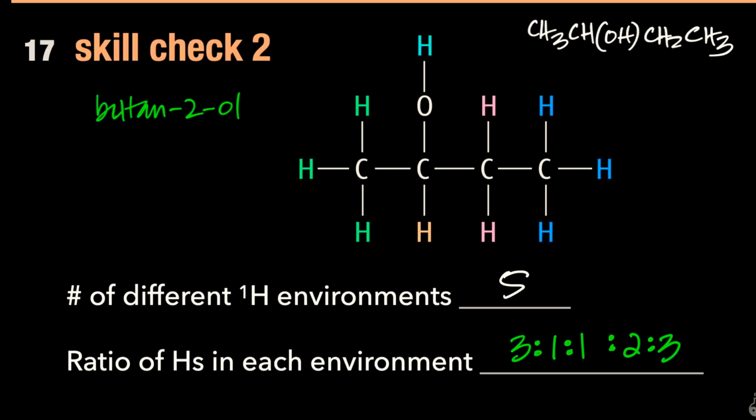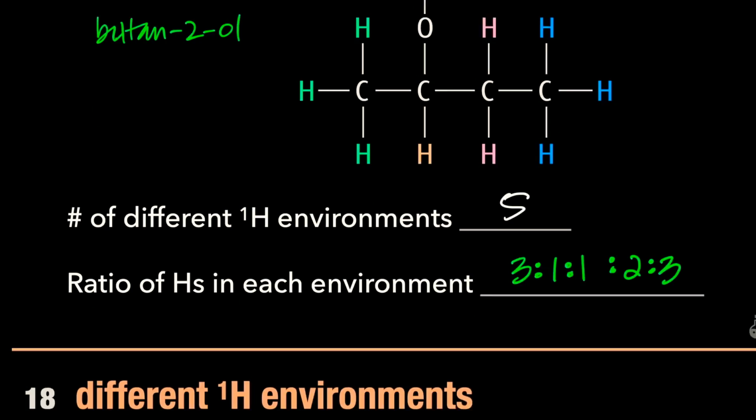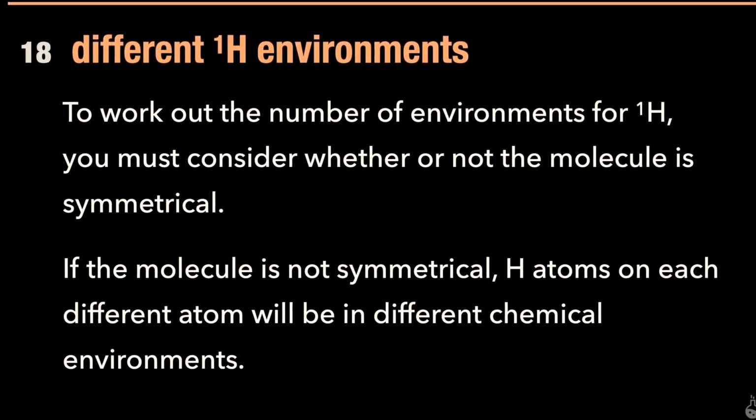So now this is easy stuff. Generally they're all going to be all different like this. But what's also going to be needed is, if you're going to work out how many different environments there are, you must also consider if the molecule is symmetrical or not. Because I just showed you in the last 2-3 examples, they were not symmetrical.